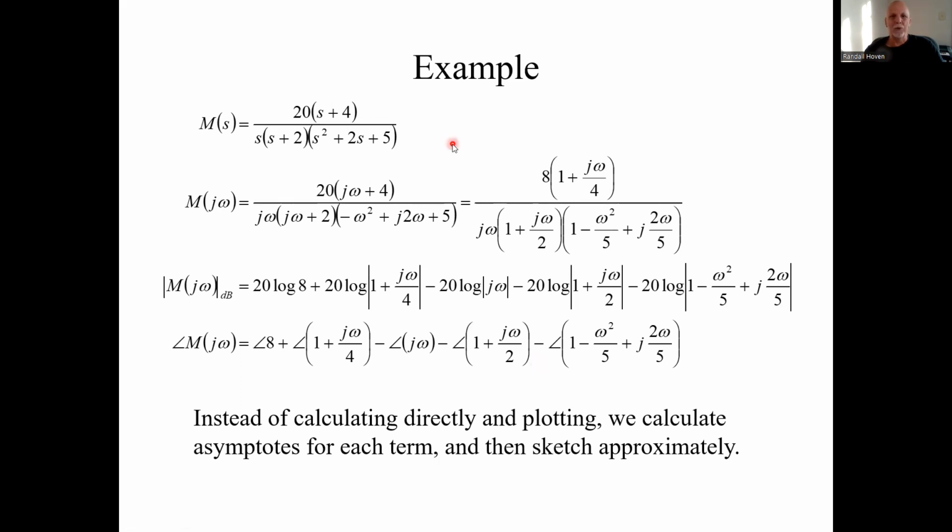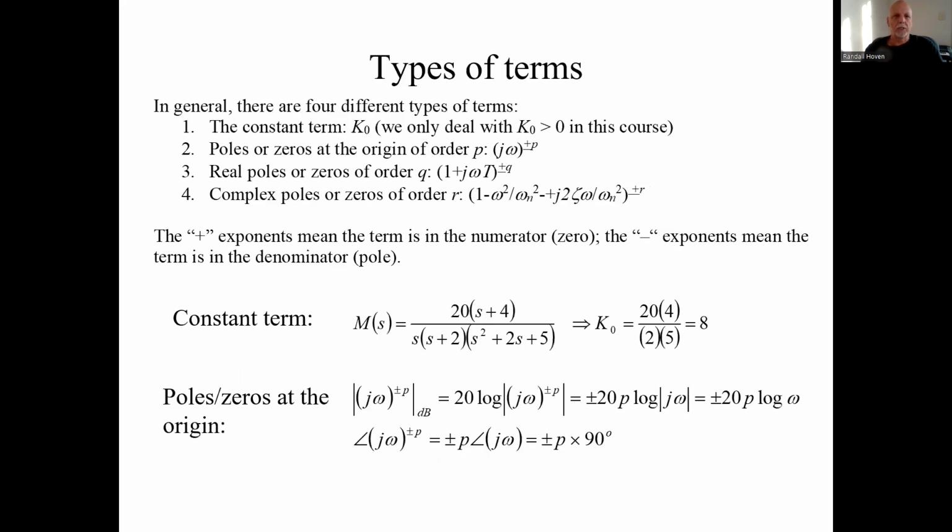Let me go through quickly why this works. Let's go through things term by term. There are 4 different kinds of terms: a constant term, a pole or zero right at the origin, a real pole or zero not at the origin, and complex poles or zeros.